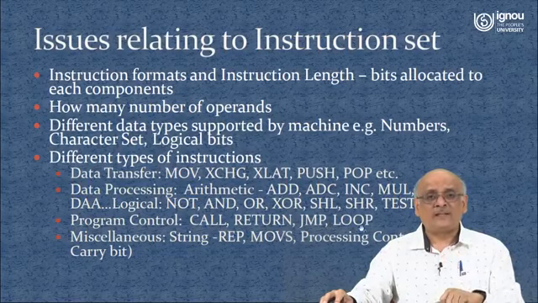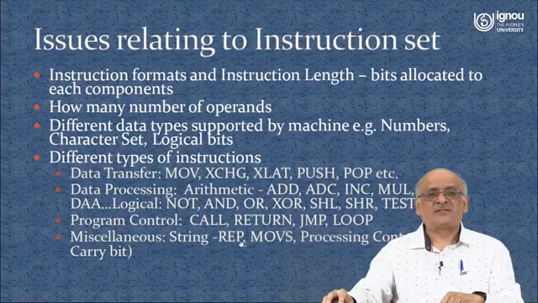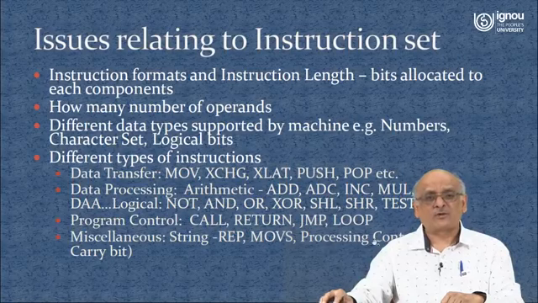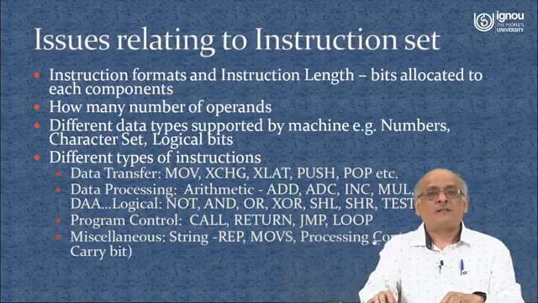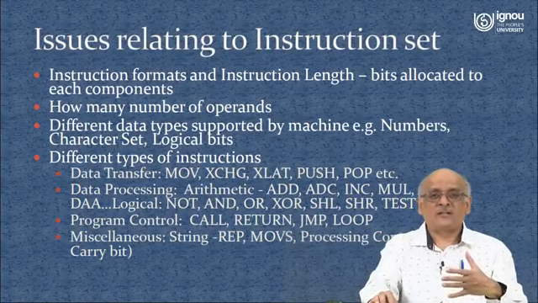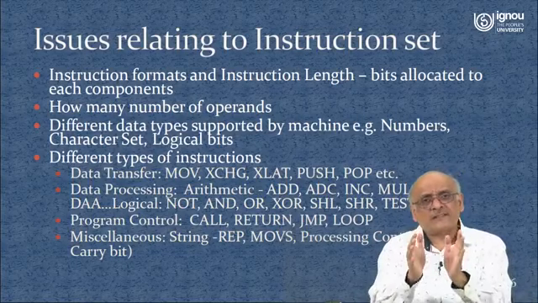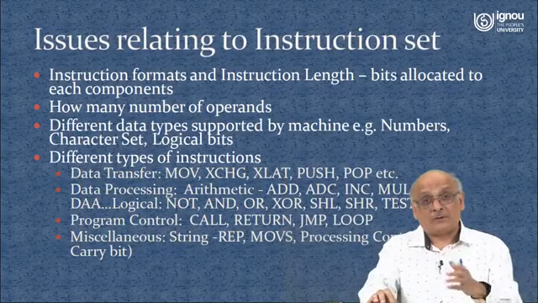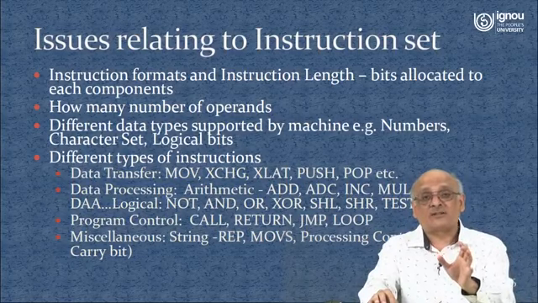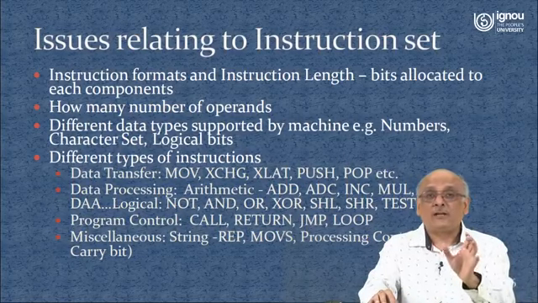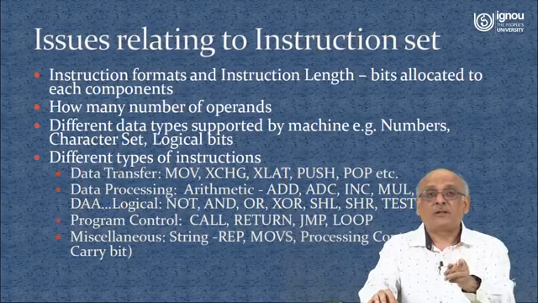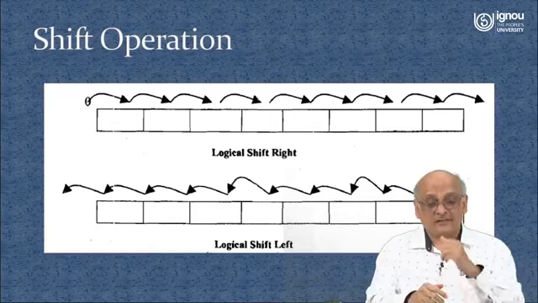Jump and loop we have already seen in our sessions on assembly language programming. Then there can be miscellaneous instructions, like 8086 has string related instructions and processor control related instructions, which are utilized for special purposes. So in general, a processor will have many of these instructions as per the suitability of the design of that particular processor. And the decision is taken by the instruction designers.